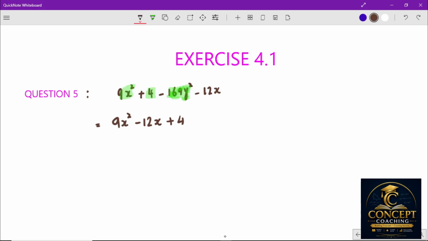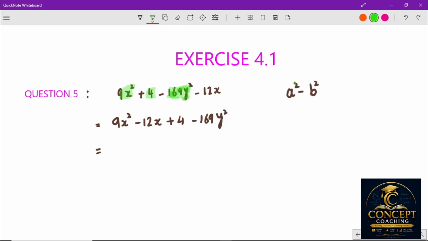So we will separate this minus 169y square. In this way we will rearrange this question so that it may be in the form of a minus b whole square. And in such questions we use the formula of a square minus b square, which is very important. Now we have two squares.